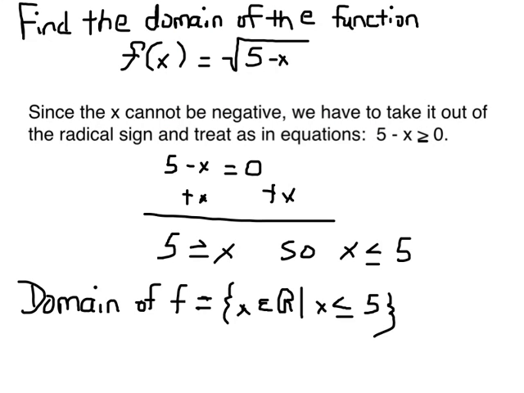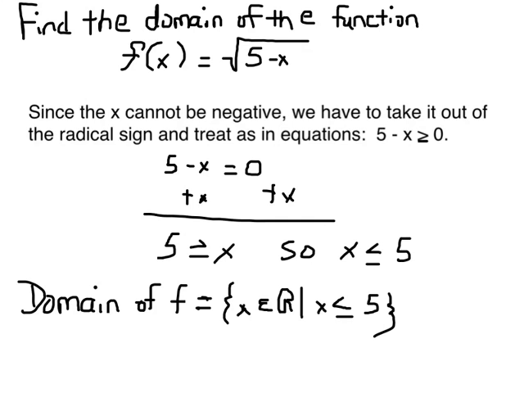All right, now here, this is a little bit different. This says find the domain of the function f of x equals the square root of 5 minus x. Now, x cannot be negative in the radicand, so we have to take it out of this radical sign and treat it as we do in an equation or an inequality.